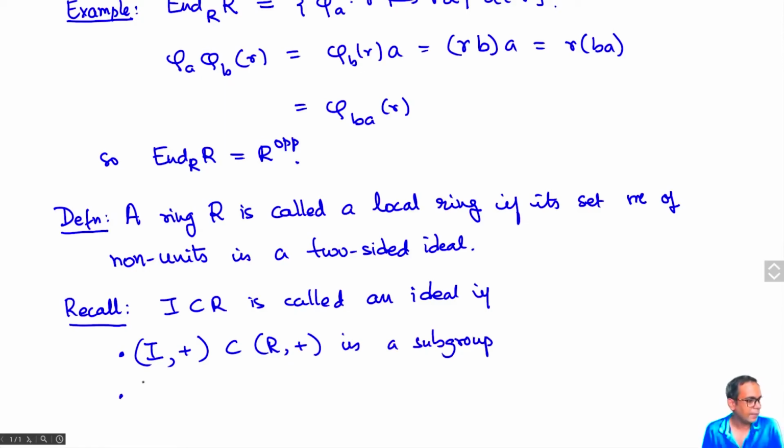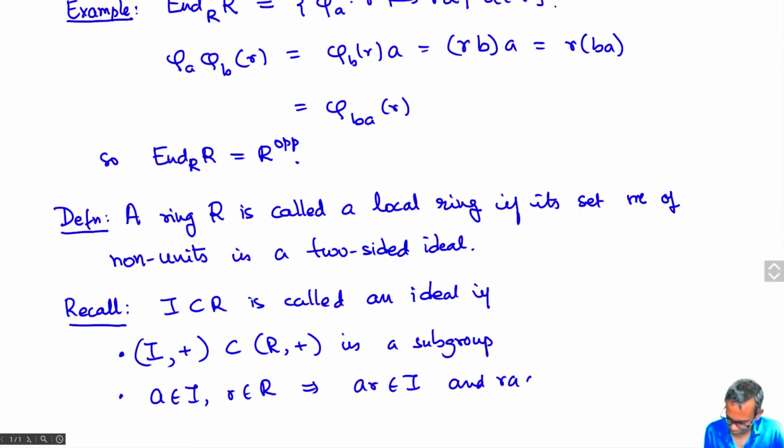Then secondly, it's closed under left and right multiplication by arbitrary elements of R. So if a belongs to I, r belongs to R, then that implies that ar belongs to I and ra belongs to I. Okay, and that's it. So these are the two conditions. And sometimes we would ask for a left ideal which only satisfies the second condition, or a right ideal which only satisfies this first condition. But here we are looking at two-sided ideals.